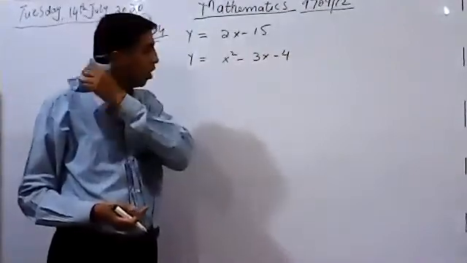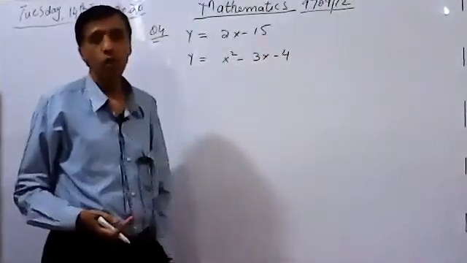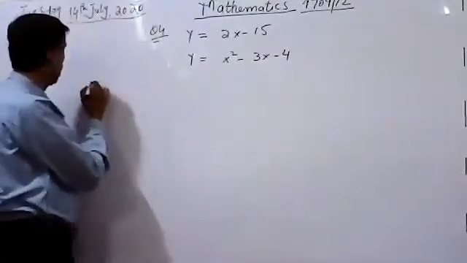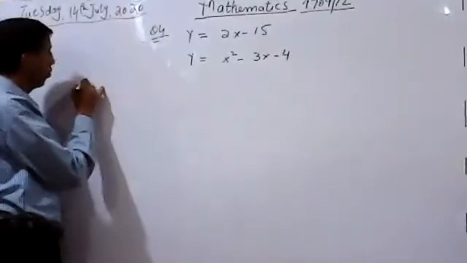Using the substitution method, you have to keep both the equations equal, just like I'm going to keep, because both are equal to y. We may keep them equal because both are equal to y.